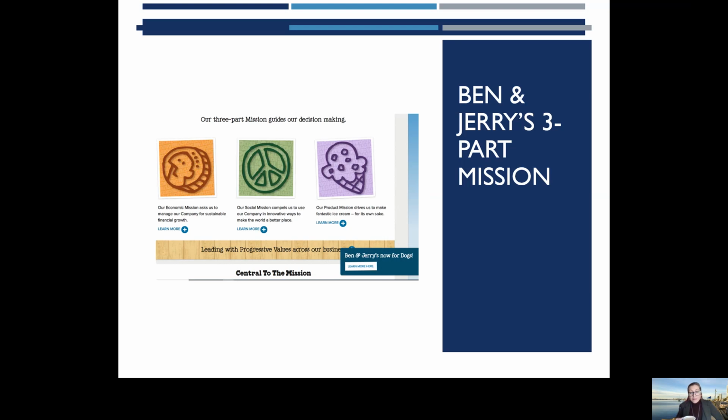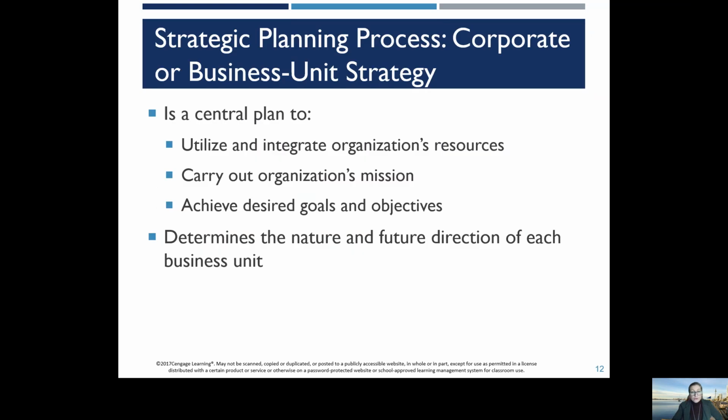It just so happened that their product was ice cream. And so part of their product mission is, of course, to make fantastic ice cream. In line with their product and social mission, they do see part of their purpose as sustainable financial growth.